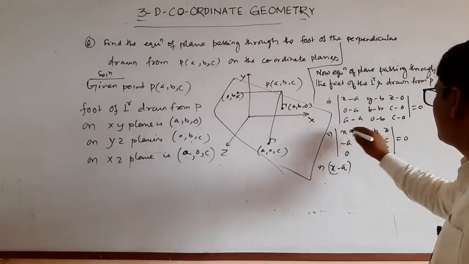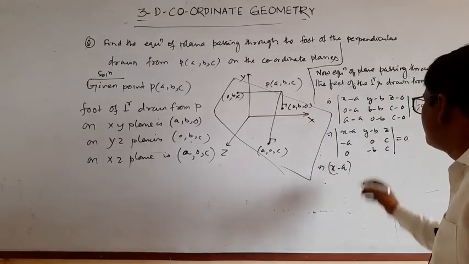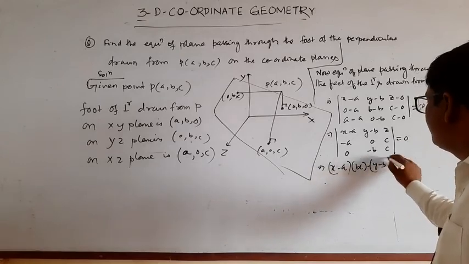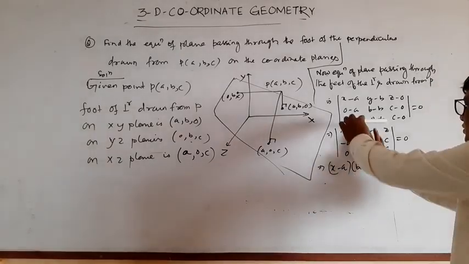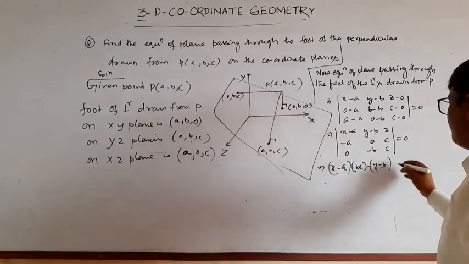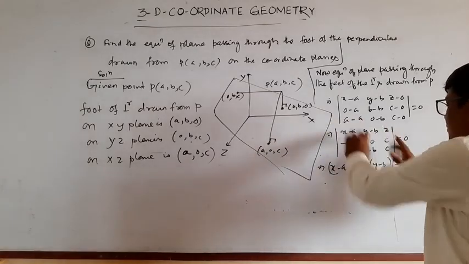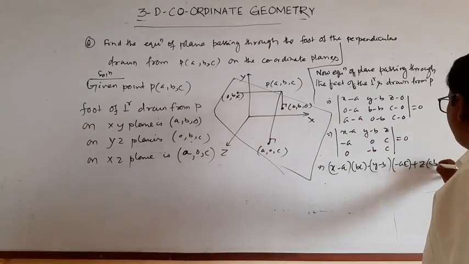Expand this: x minus a into bc, minus of y minus b into minus ac, plus z into ab, is equal to 0.